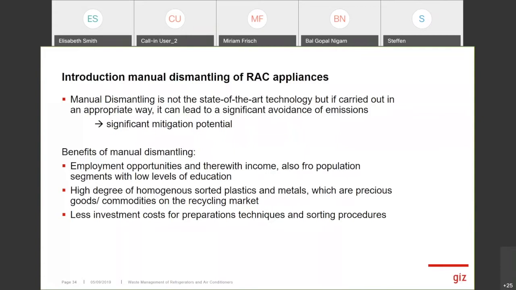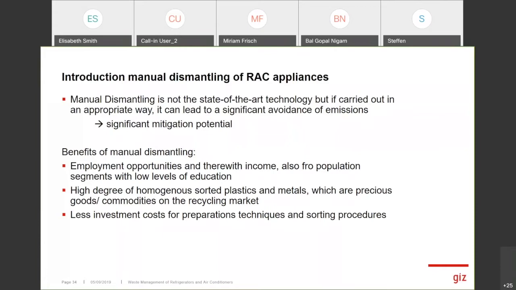Less investment costs for preparation techniques and sorting procedures. I think you can imagine that the equipment for manual dismantling will be a percentage of the total overall investment scale for an industrial processing equipment.